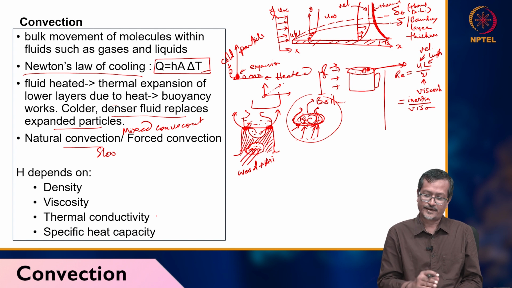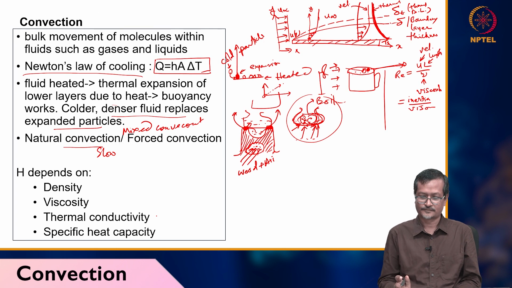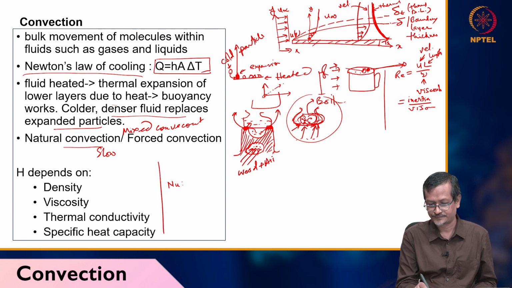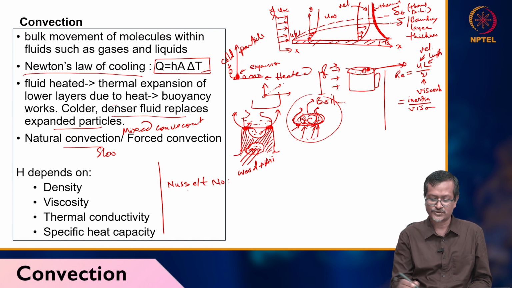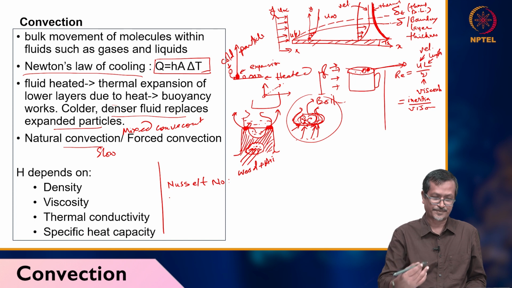Another term that comes is the Nusselt number. Many other numbers are also there, called non-dimensional numbers: Reynolds number, Nusselt number, Grashof number, Prandtl number. So many numbers are used in heat transfer cases. One term is called the Nusselt number.